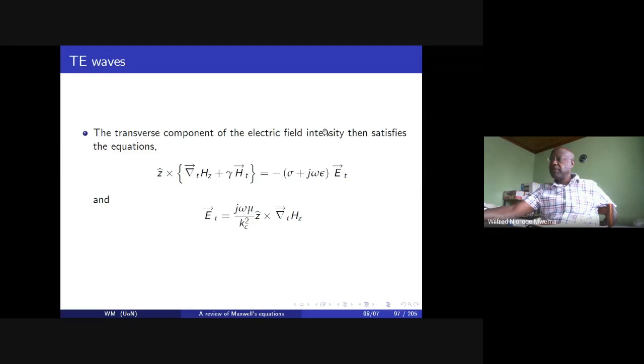Transverse component of the electric field intensity must therefore satisfy the equation; that equation there is correct. And from the reduced Maxwell's equation where E of z is equal to 0, we are just left with this component that is from the axial magnetic field intensity.